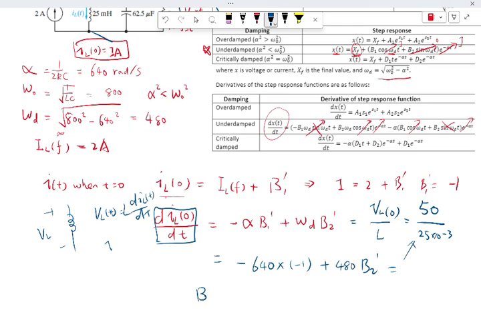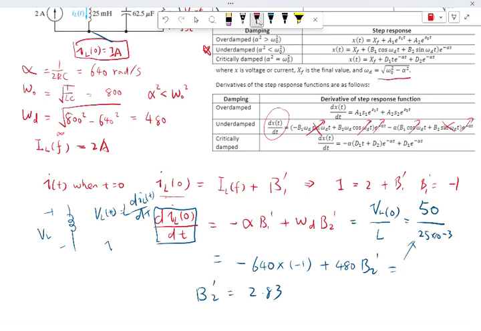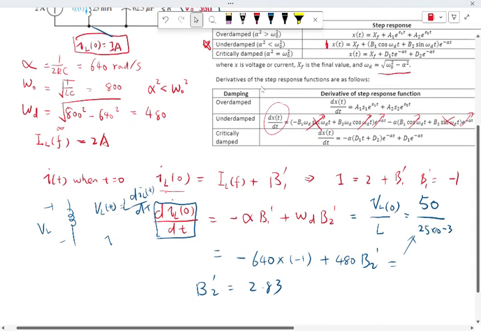Then we can find out that B2 equals 2.83. All right. So far we got everything. We're just going to plug everything into this equation for x(t). Okay. Going to use this one.